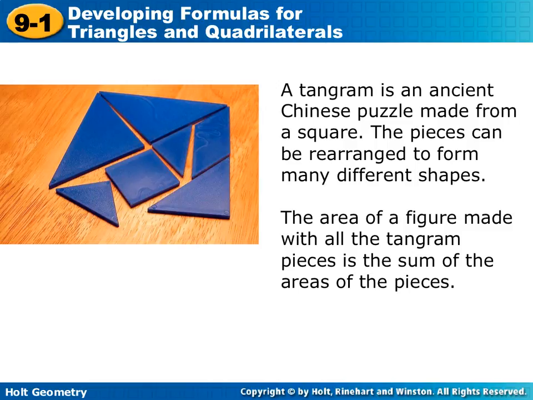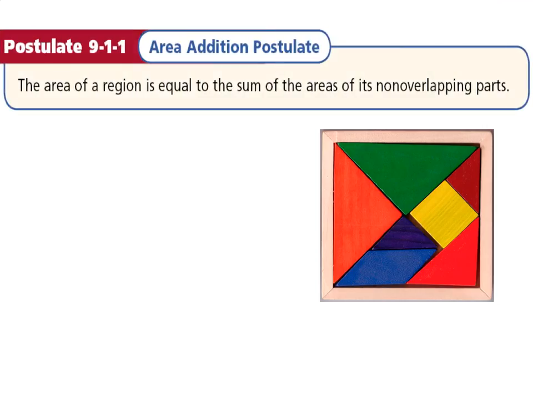We can find the area of the square if we know the area of every separate tangram piece. Because when you put it together, you don't have pieces that are overlapping, and you don't leave gaps if you're trying to make the square out of them. So that's kind of an illustration for the area addition postulate that is in your notes there.